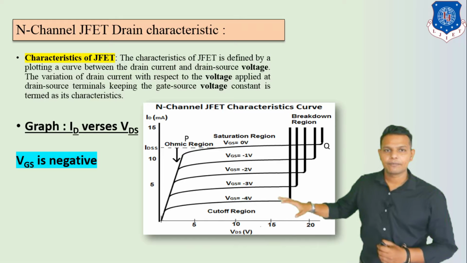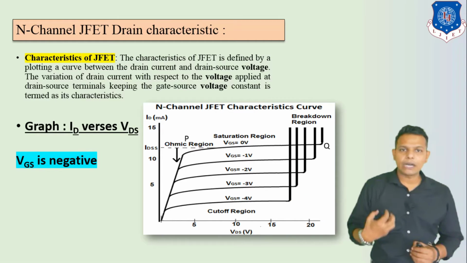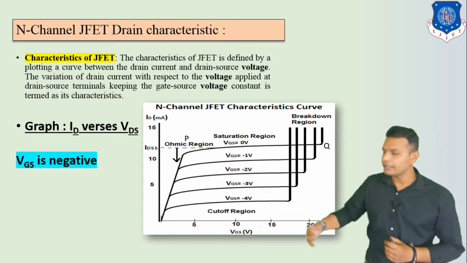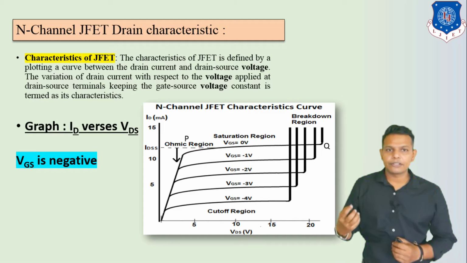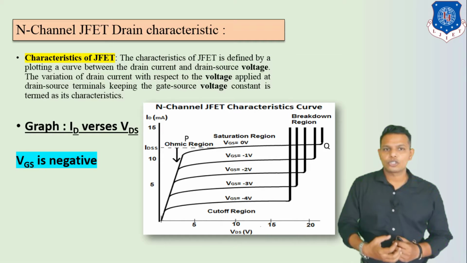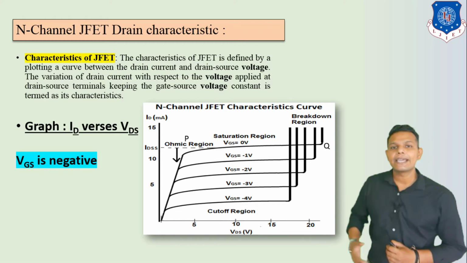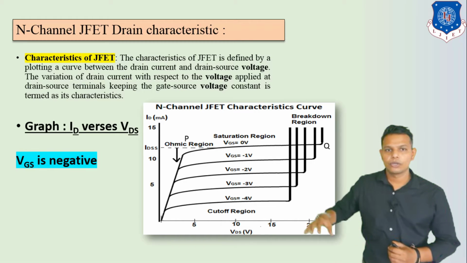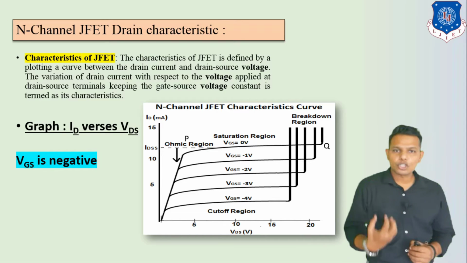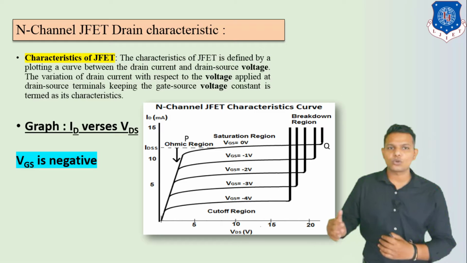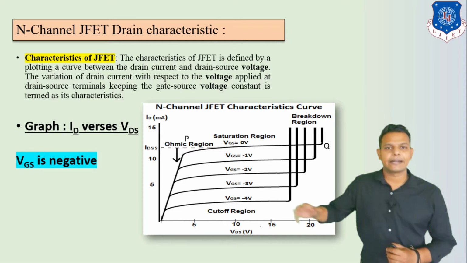So here we can see the characteristics of a JFET are defined by plotting a curve between the drain current, which is on the y-axis, ID, and the drain source voltage, which is VDS. So with respect to the voltage applied at the drain source terminals, keeping the gate source voltage constant, we will draw these characteristics.